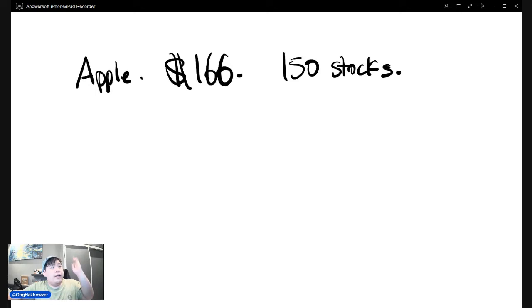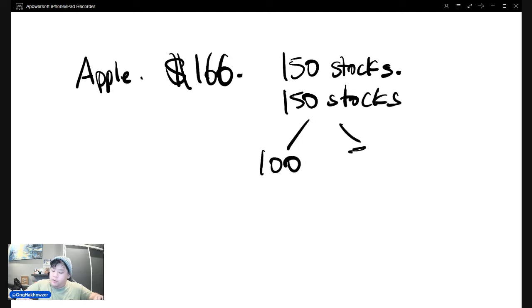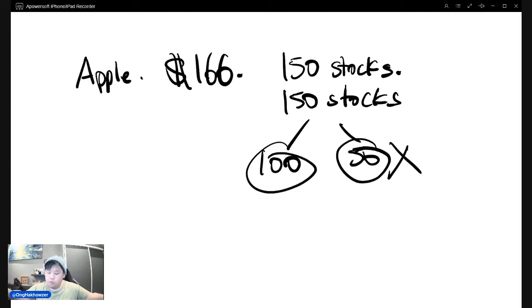So personally, what I did with Apple was that with the 150 stocks at the moment, I just split them up to 100 shares and 50 shares. So these 50 shares, I do not touch them at all because I cannot do any sort of option strategy around it. So I only work with these 100 shares that I do have.